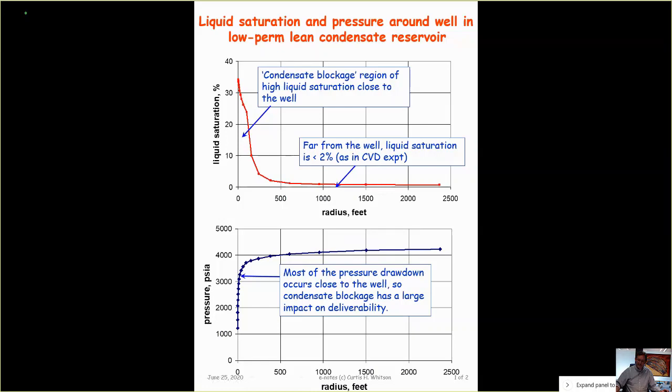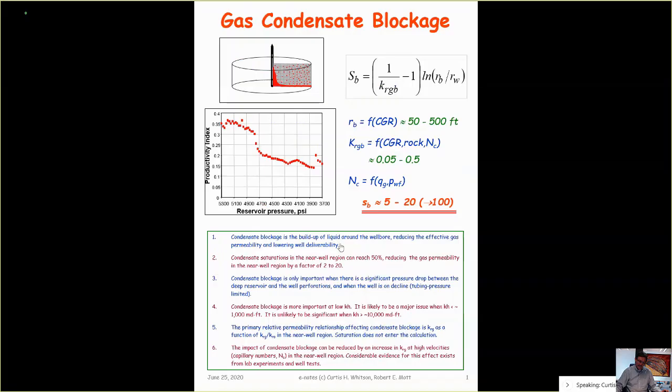Okay, any questions about this? So this is the simplified version. Yeah, these are Bob's numbers, 0.5 to 0.5, capillary number, if you include that effect.